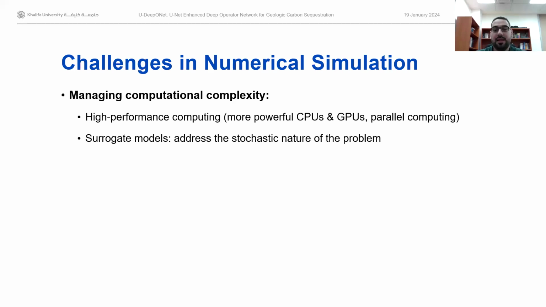These surrogate models can address the high computational intensity of the task due to the stochastic nature of the problem by creating these simplified models that represent as much of the physics of the problem as possible. But of course, when you discard some of the physics of the problem, you are sacrificing some of the accuracy. And balancing these two is very tricky.